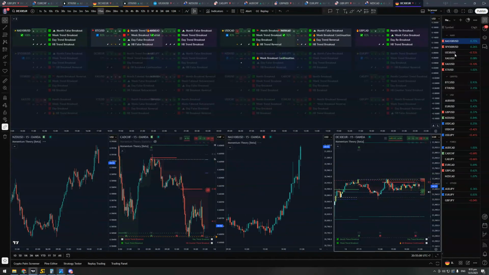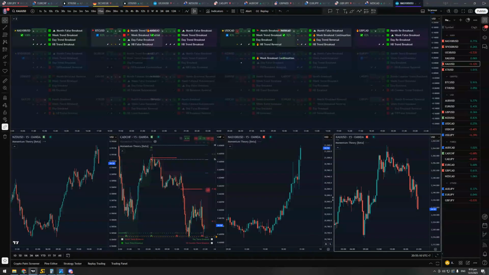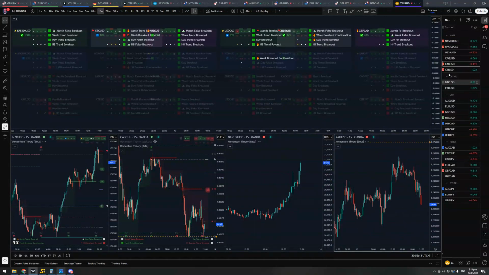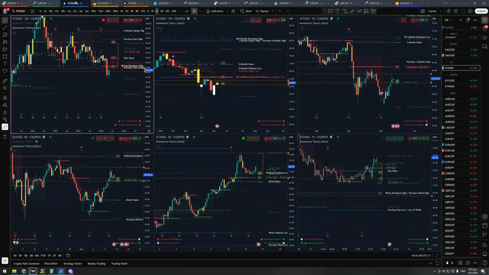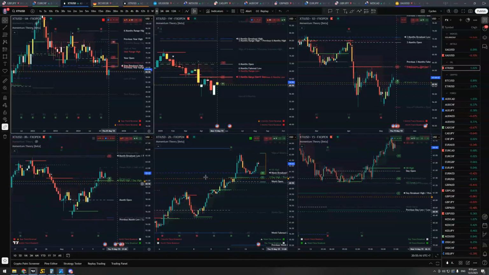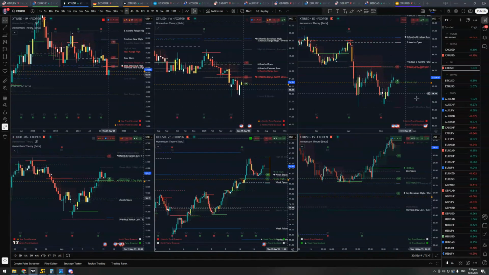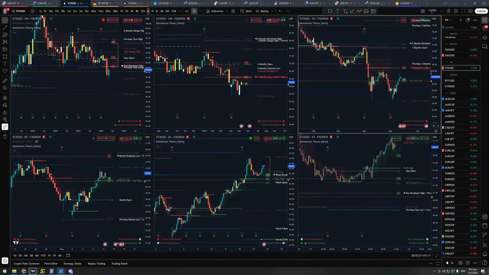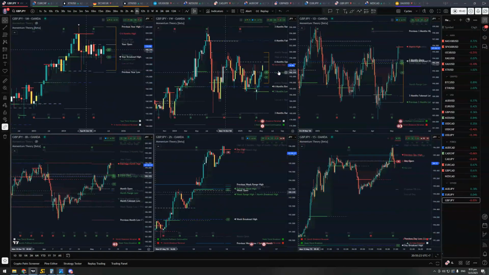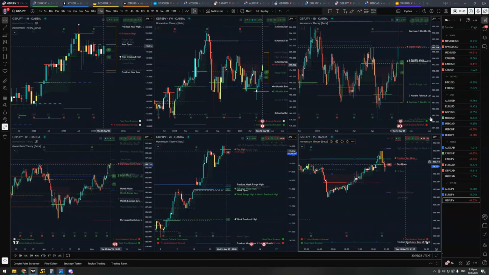And I always look at gold and NAS. I do like oil. I'm going to keep an eye on this one. It's not doing what I want it to do, though. All right, so now nothing to do but just wait.